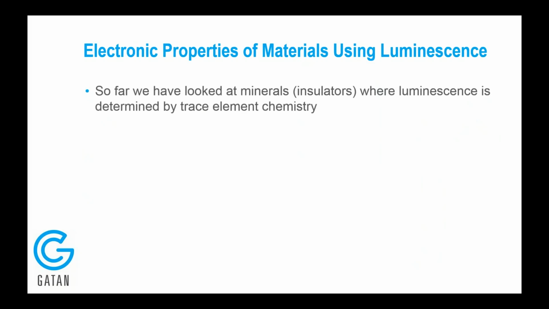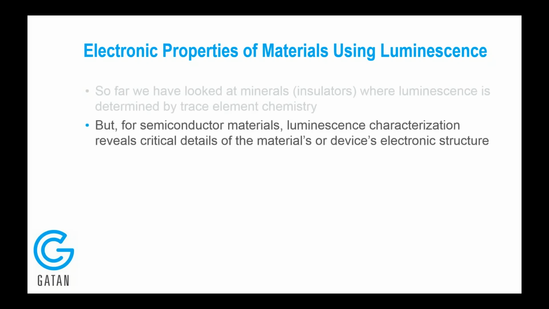So far we've looked almost exclusively at minerals, insulators, or ceramics, where the luminescence is determined by trace element chemistry. I'm going to move on to a different class of materials now, and that's semiconductors. Semiconductors form a very wide range of the applications that CL is used for.